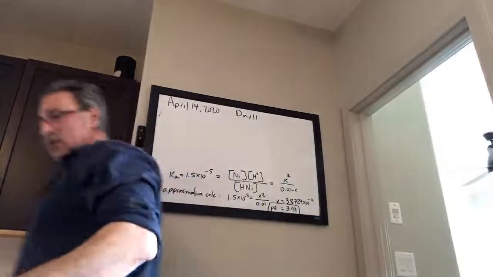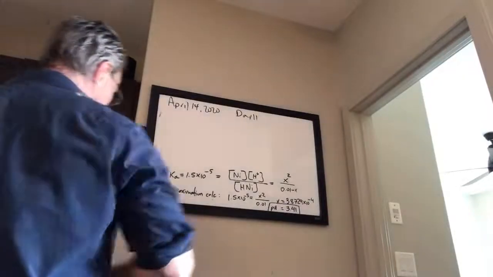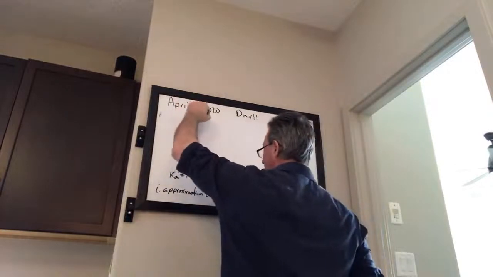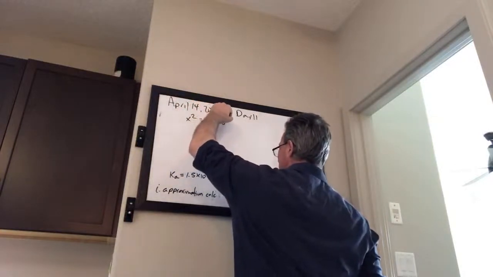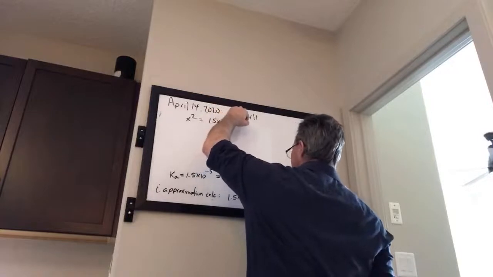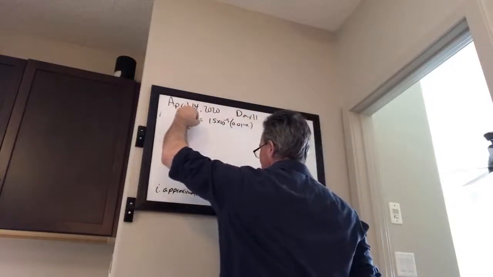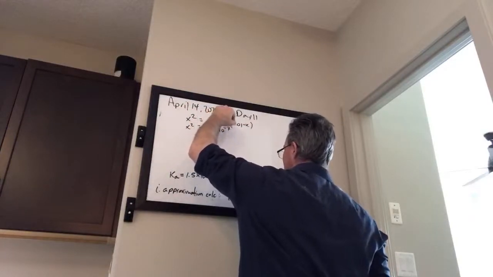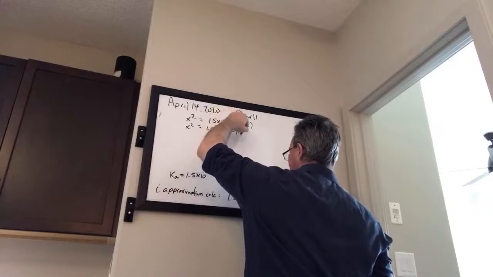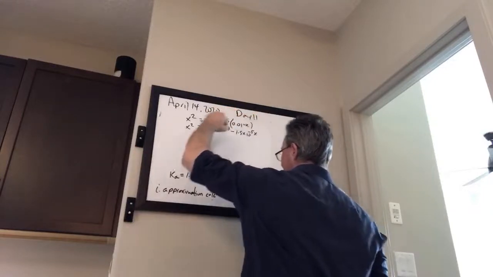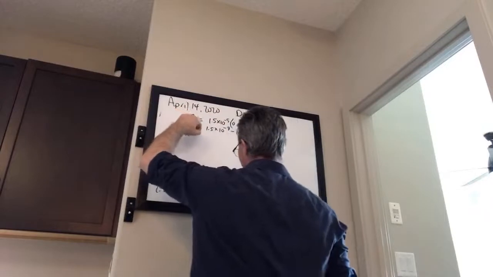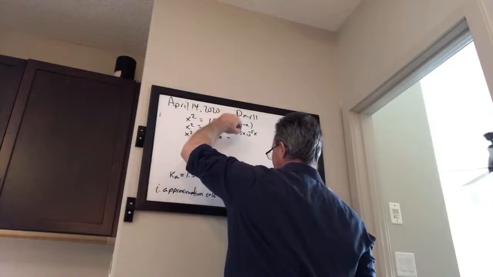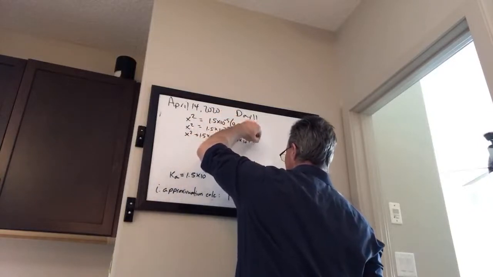If you distribute this, you do a cross multiplication, you get X squared equals 1.5 times 10 to the negative 5 times 0.01 minus X. So X squared is equal to 1.5 times 10 to the negative 7 minus 1.5 times 10 to the negative 5X. Transpose everything to one side: X squared plus 1.5 times 10 to the negative 5X minus 1.5 times 10 to the negative 7 equals 0.